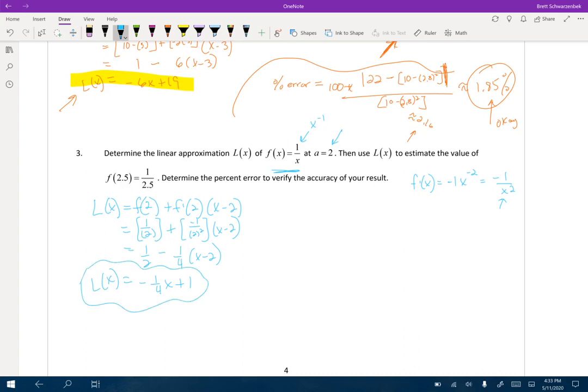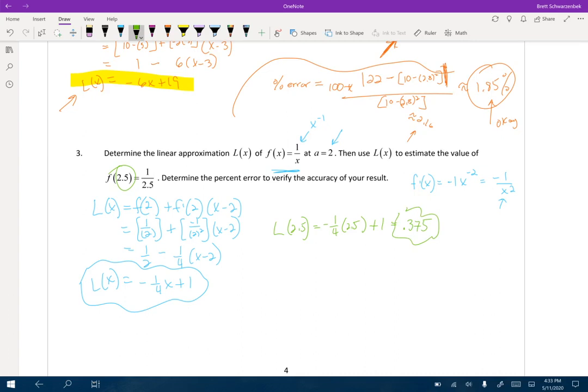Okay? In the next step, we then estimate our value here by doing L of that value, 2.5. So it's going to be negative 1/4 of 2.5 plus 1. That is going to give us exactly 0.375. So that's our approximation of 2.5.